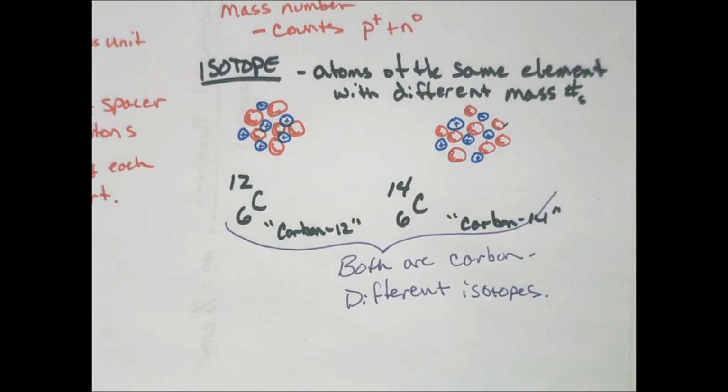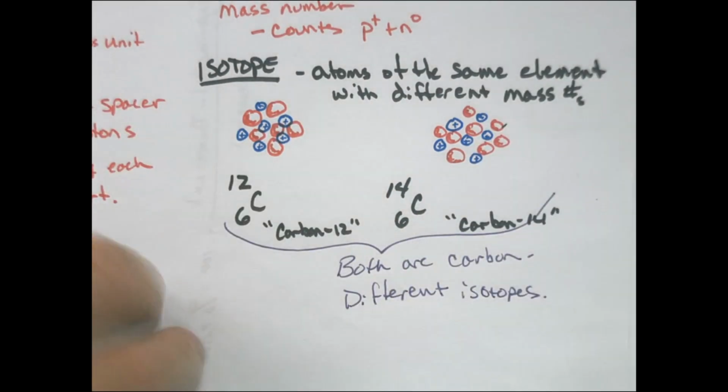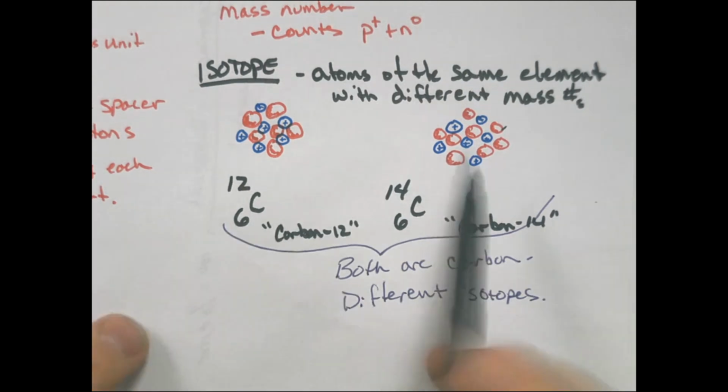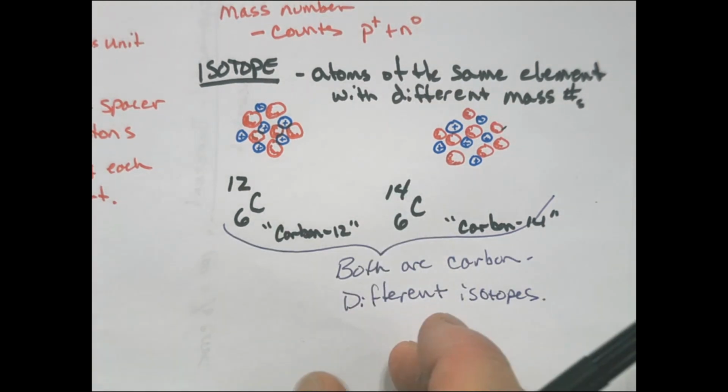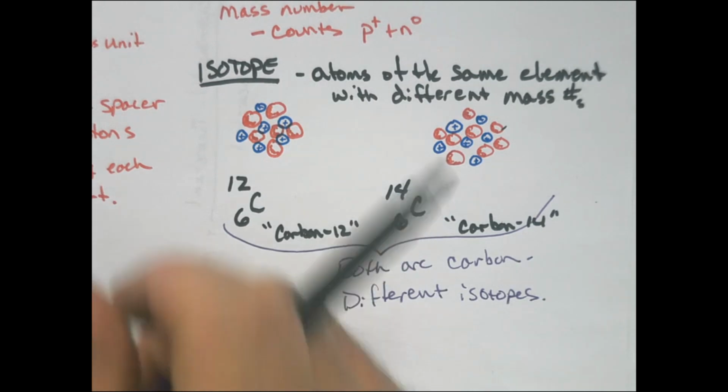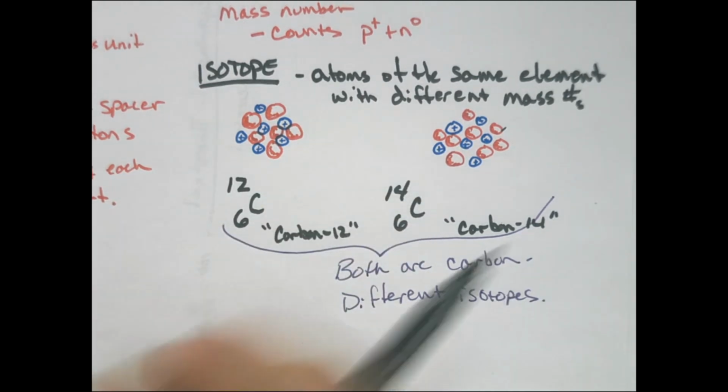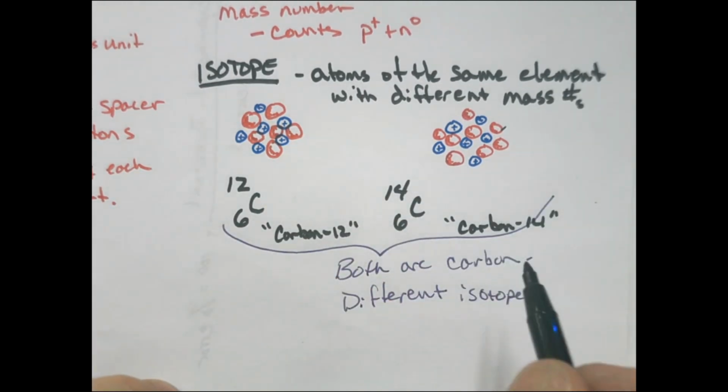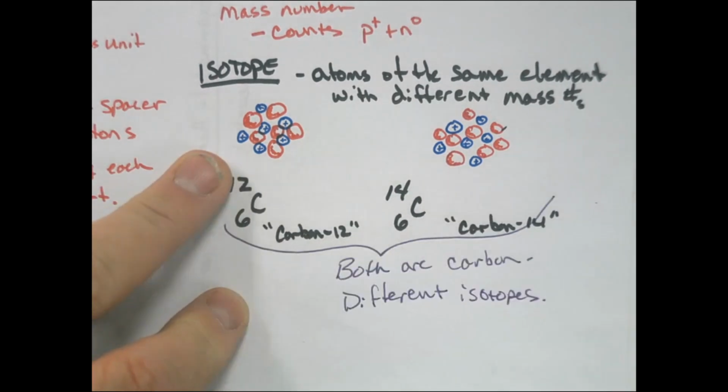That establishes a moment in time when your body is not taking in any more carbon and you have stopped replenishing the balance between carbon 12 and carbon 14. Carbon 14 is radioactive. It decays at a given rate. You lose half of your carbon 14 every 5,730 years.